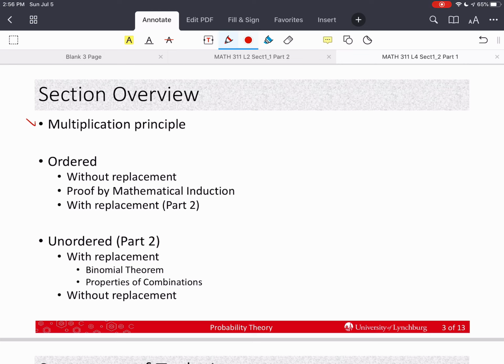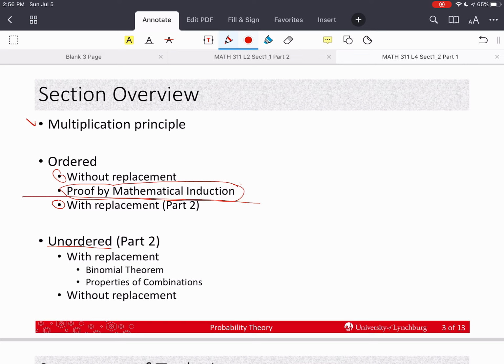And in this first lecture, we're going to talk about where we're counting things where we care about the order. We're going to do it with replacement and without replacement. And to do this, we need this formal method of proof called mathematical induction. So I'll cover that in the section for ordered without replacement. Then we might not care about the order.